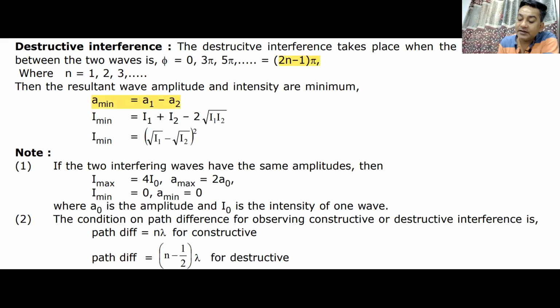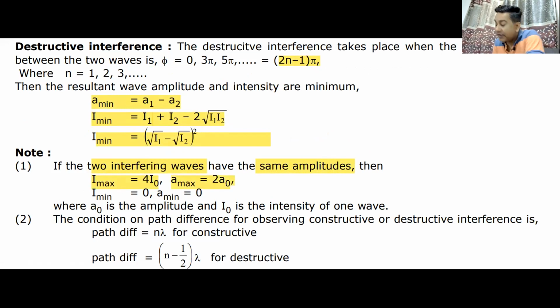The minimum amplitude becomes A1 minus A2, and the minimum intensity becomes (root I1 minus root I2) squared. If the two interfering sources have the same amplitudes, then the maximum intensity is 4 times and the maximum amplitude is 2 times A naught. Minimum intensity in those cases becomes 0.